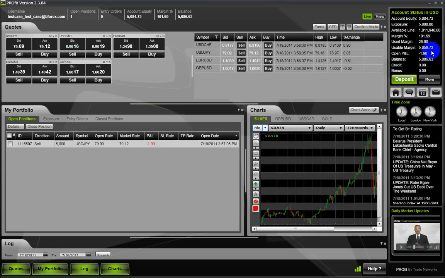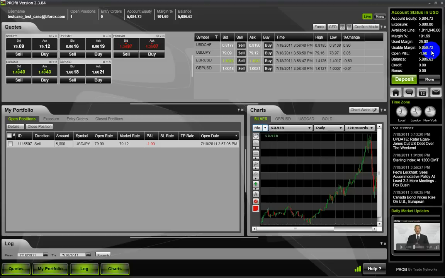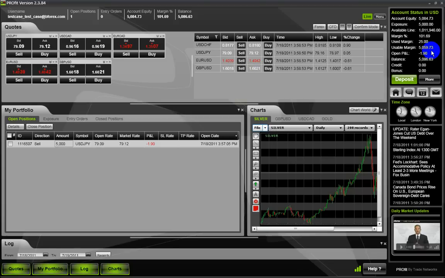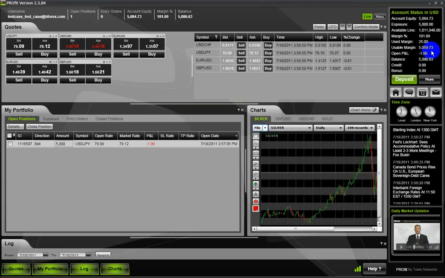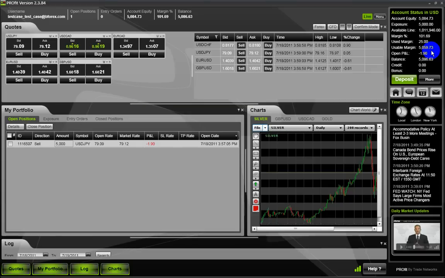Okay, now as promised, the way that we minimize our risk and use the leverage to our advantage is simply to make sure that the used margin is only a small percentage of our total account equity. Meaning, we recommend in B4X to use 10% or even 5% of your total margin available.